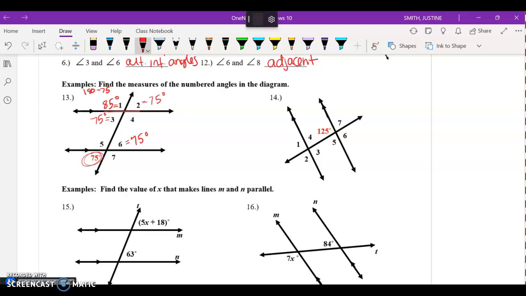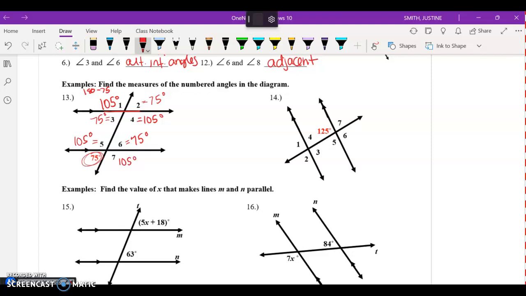Oh, that's not right. Subtraction is hard. Okay, 105, sorry. There we go. Then 1 and 4 would be vertical, so they would be the same. 4 and 5 are alternate interior, so these would also be the same. And 5 and 7 are also vertical, so they would be the same.